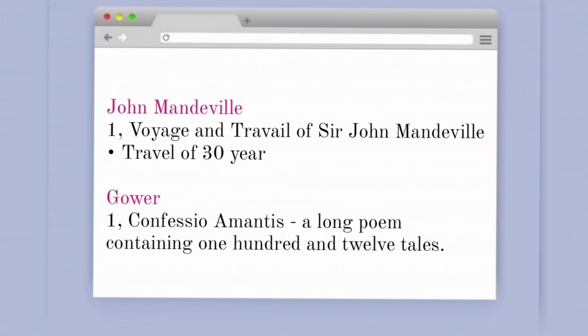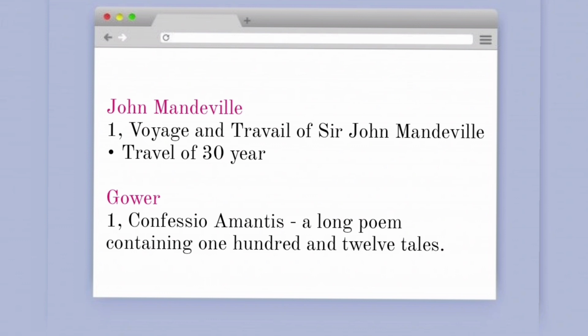It discusses wide travel during Mandeville's 30 years, and what he met there, or what new cultures he explored in the new places. So in a way it suggests the affinity of English people towards travel at that time.